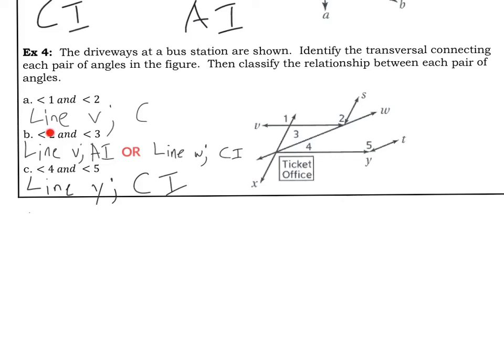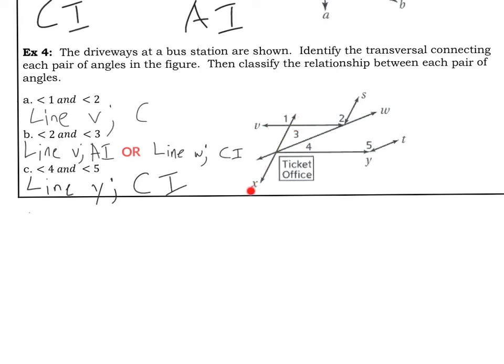So angles 2 and 3, that one's kind of weird because it's hard to tell where the 3 is. It looks like 3 is tucked in this corner, but you could also argue that it's in this corner. Personally, I think it's in this one. So I just put two answers. My first answer, the one with line V, that's where 3 is tucked up here.